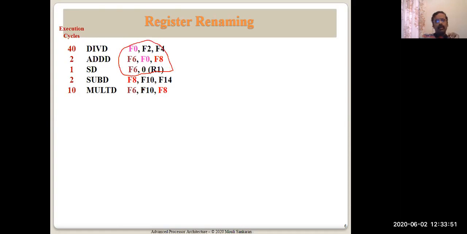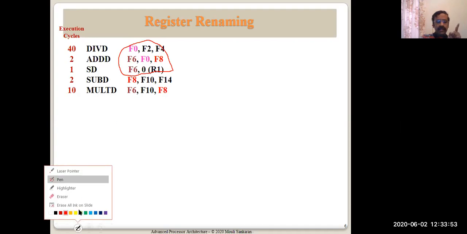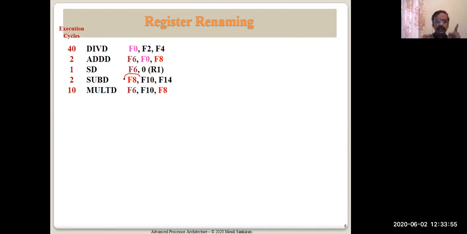But look at the dependency that is created because of F8 being used here as well as here. See here, a new value is getting written into F8. It doesn't depend on this. It's called anti-dependence. Write after read is anti-dependence. Read after write is true dependence.